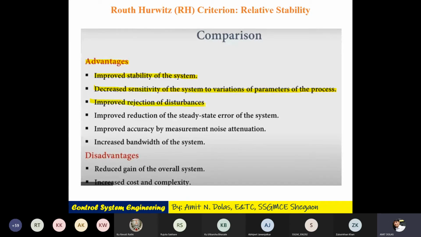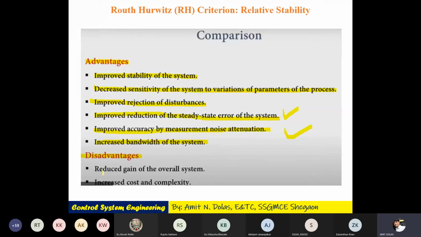Improved rejection of disturbances, of course. The capability to reject disturbances improves. Improved reduction of steady state error of the system, of course error will be improved. Improved accuracy by measurement, noise attenuation, noise will be attenuated. Increases the bandwidth of the system. Bandwidth is nothing but the range of operating into the stable value.